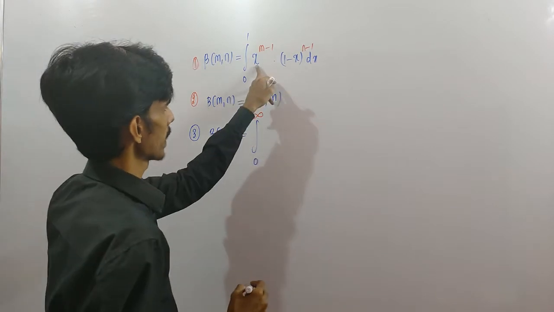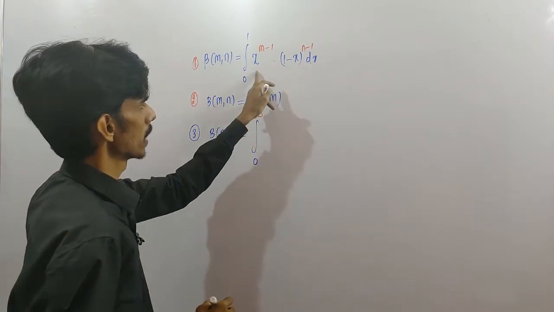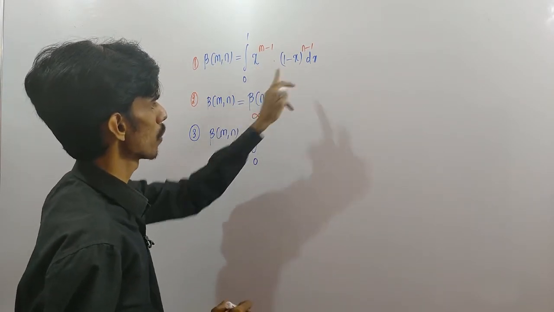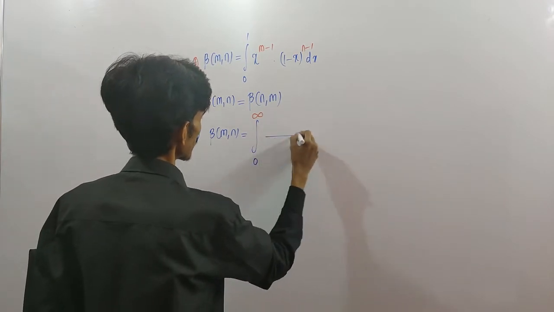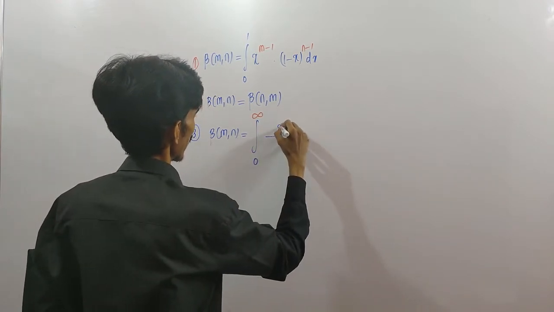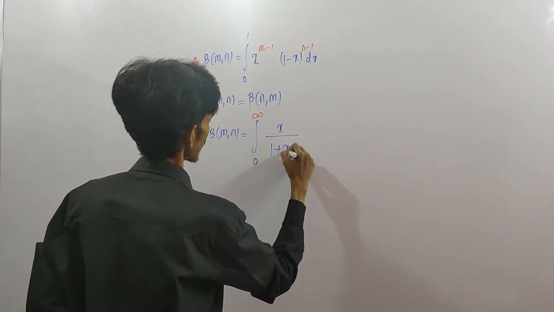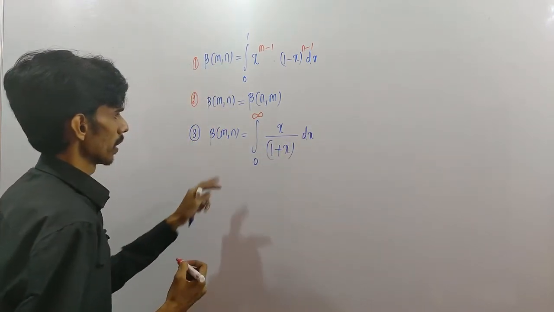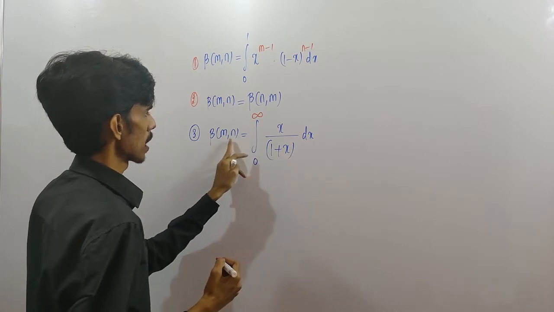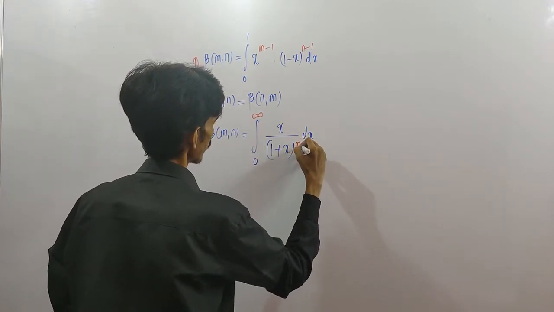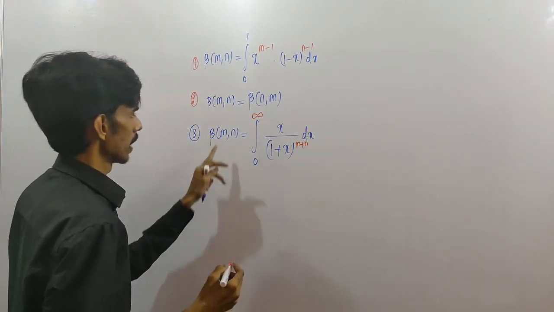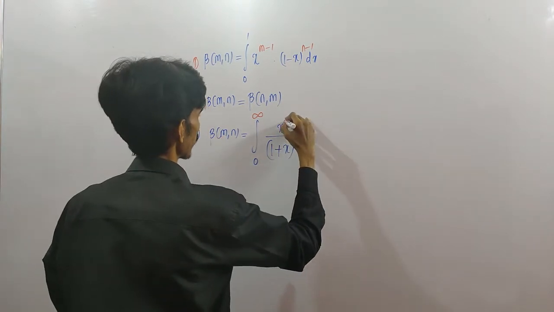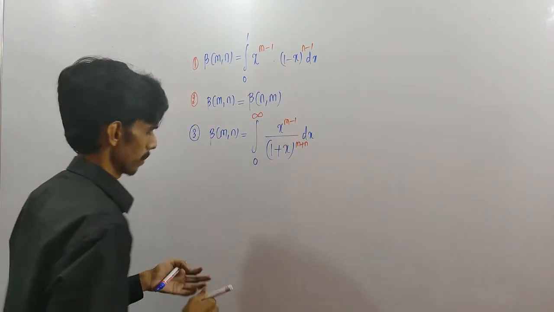Here we have x into 1 minus x, the product of these two functions. Now this can also be written as x upon 1 plus x dx. Here we have to take the sum of these two values as the power, m plus n. Here we have m, so we can write down m minus 1 here.